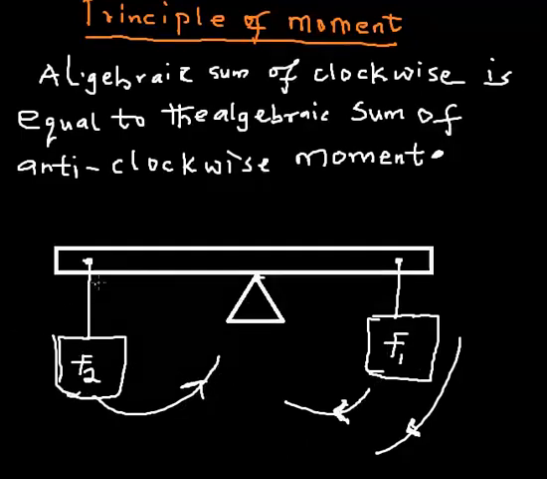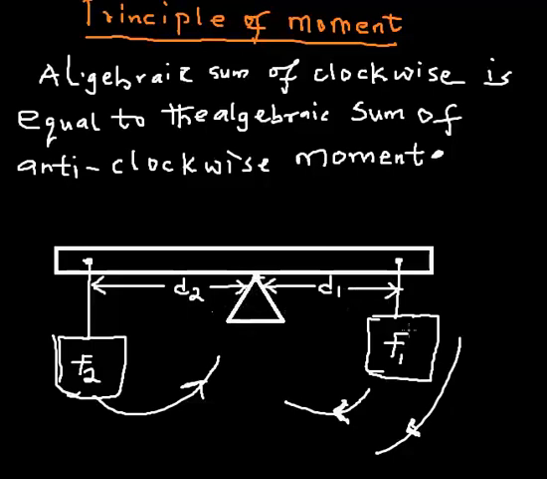Don't forget that our moment is always about the pivot, or the turning point. Let the distance from this force to the turning point be d2, and that of F1, let the distance be d1.